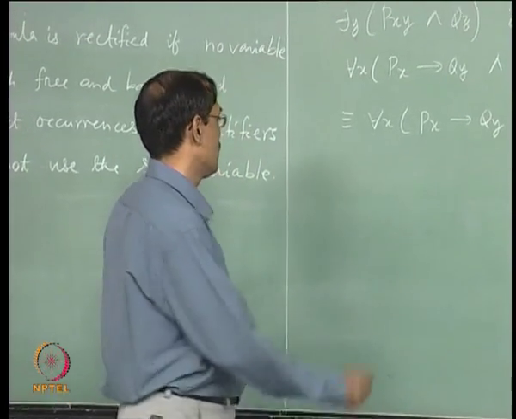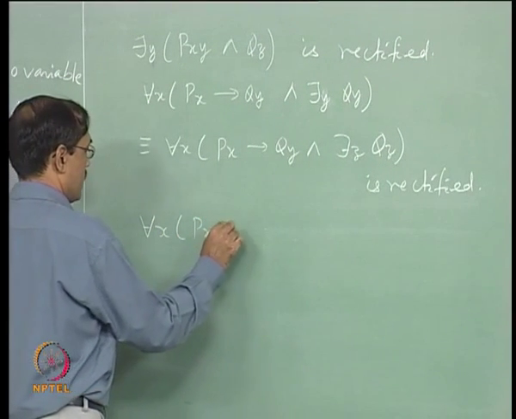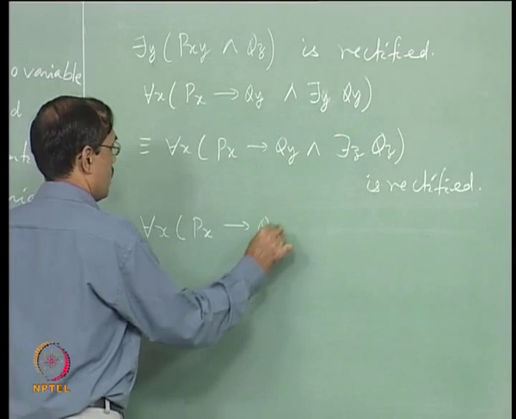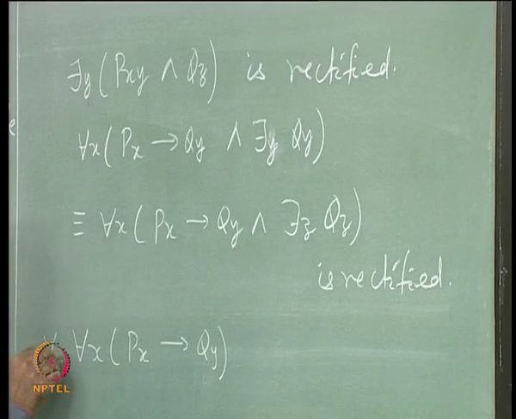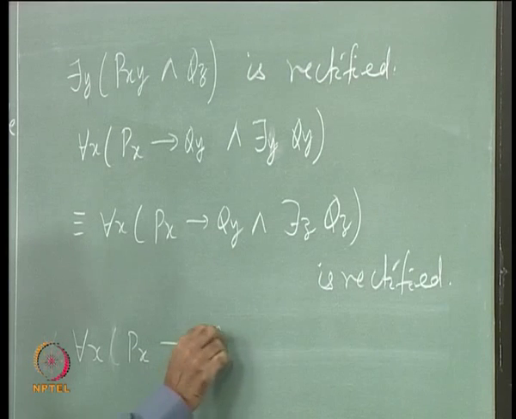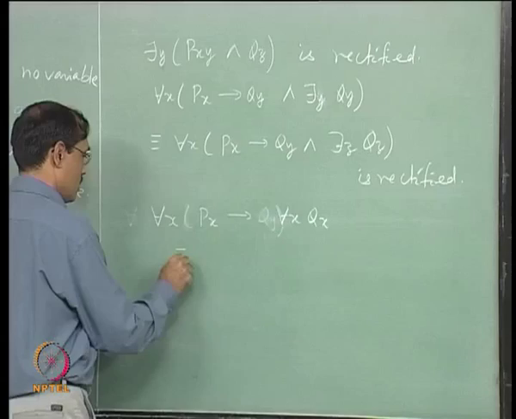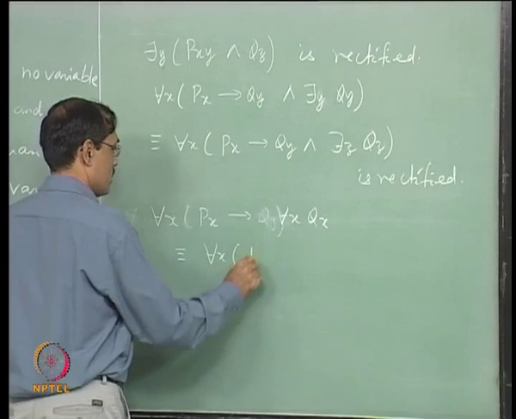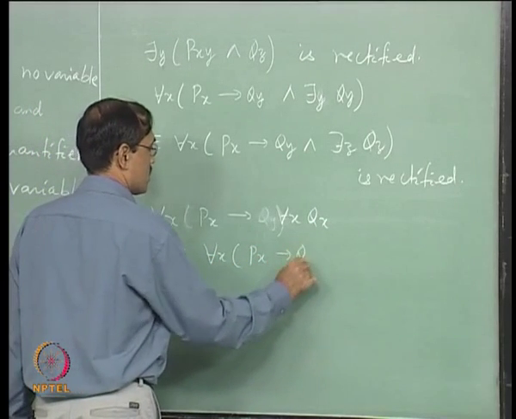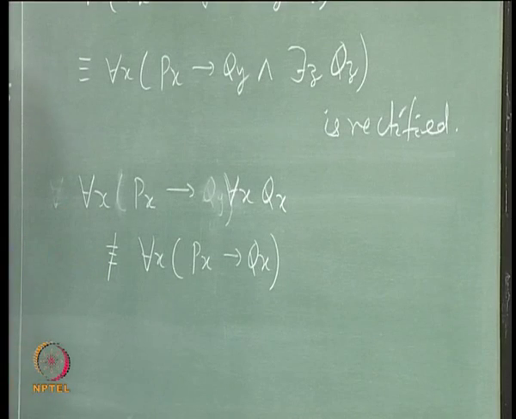Like you have seen, for example, for each x p x implies q y, say for each y here, or let us say here for each x q x. Now, this is not equivalent to for each x p x implies q x, right. It is not equivalent to that.